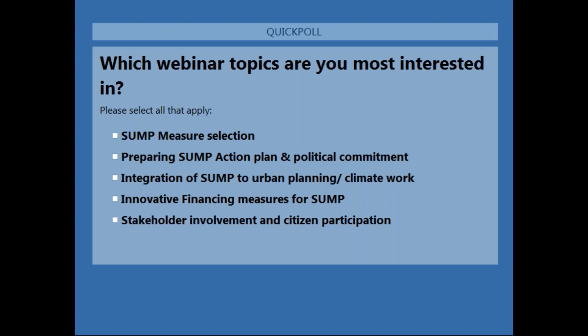We have here SUMP measure selection, like how to select measures, how to prepare the action plan, how to integrate SUMP with other planning practices and other plans like urban planning and climate related plans, etc. Innovative financing measures for SUMP, and then stakeholder involvement and citizens participation. That will give us also an indication of what the topics most interesting to you are, and then we can try to find good case examples in our networks and in Europe to present and to give some input and inspiration.